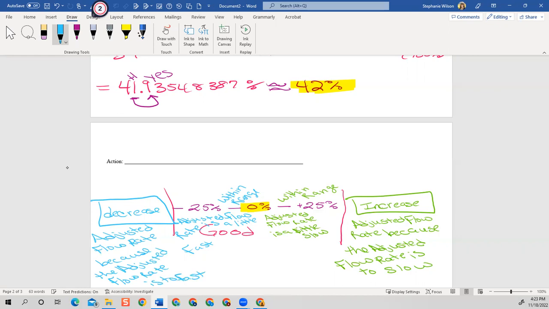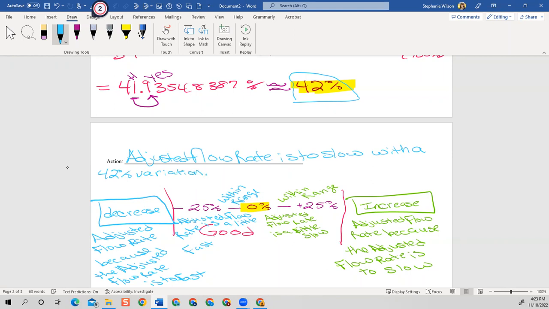So let's look at what we got here. We got a positive 42%. This tells me that the adjusted flow rate for this problem is too slow with a 42% variation.